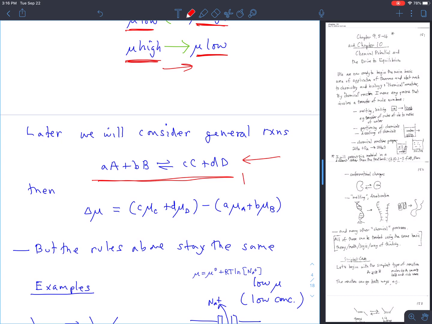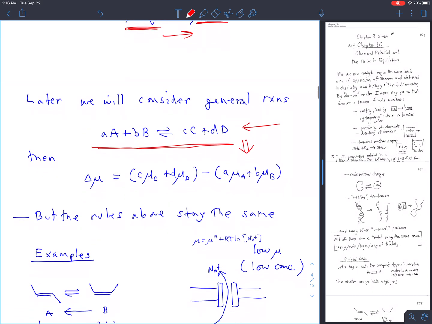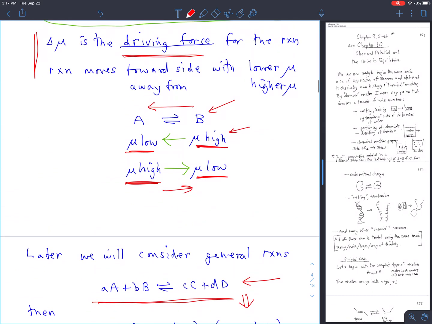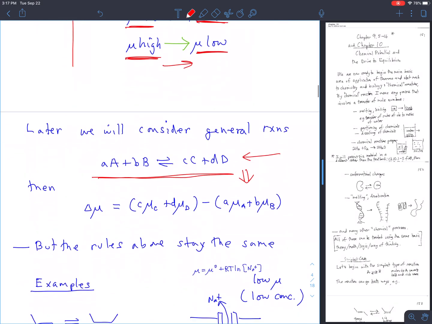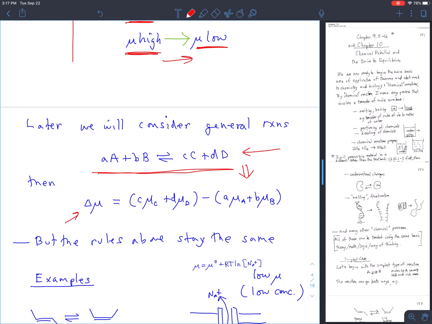And we will derive eventually that in that case, everything I've set up above stays the same, except that we change the definition for this difference in chemical potential. Instead of just having one product and only one reactant, we have, well, two products and two reactants, and we could have 3 or 4 products and 3 or 4 reactants if we wanted to, right?